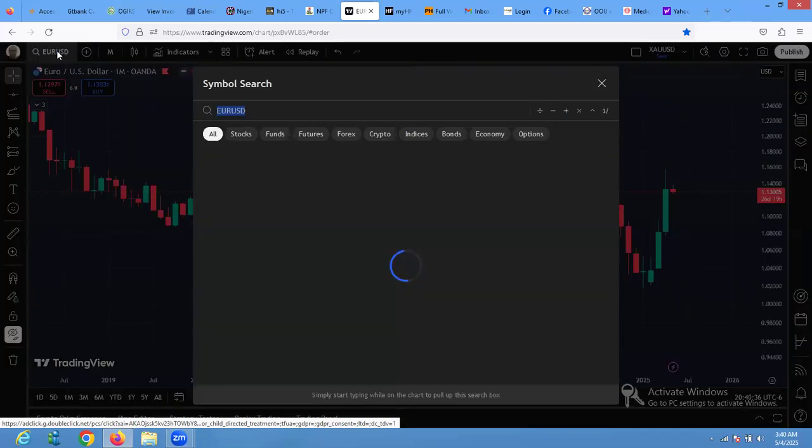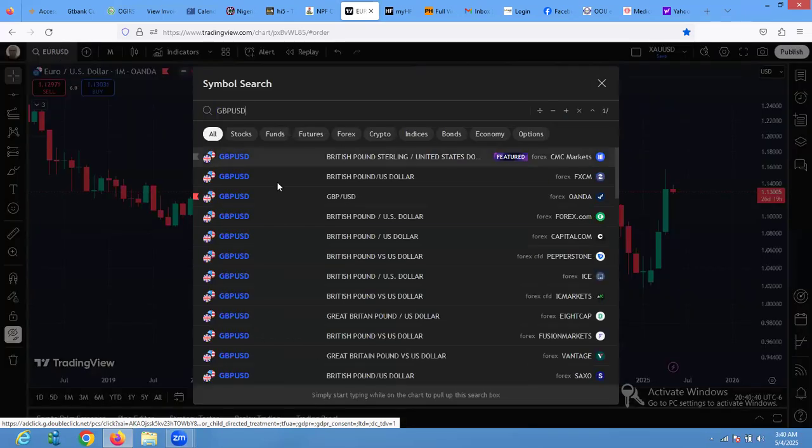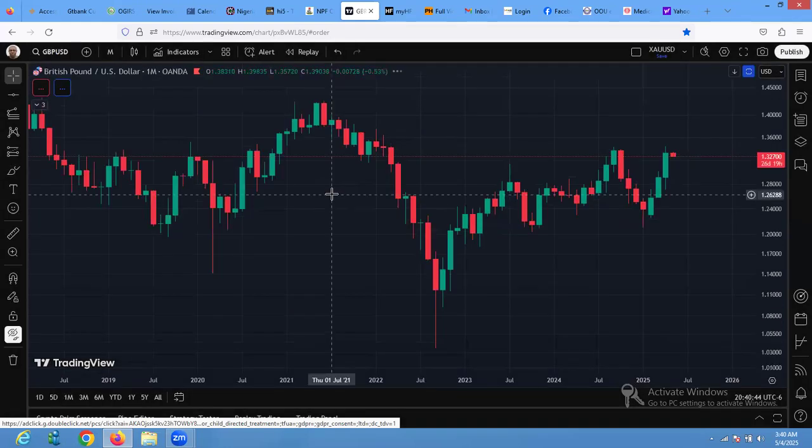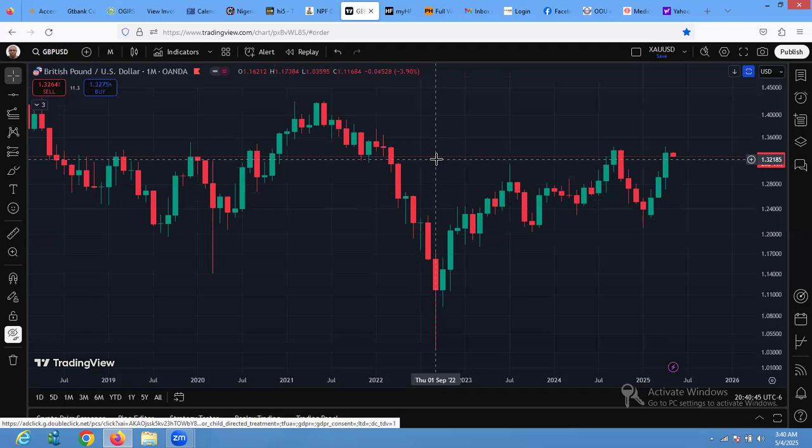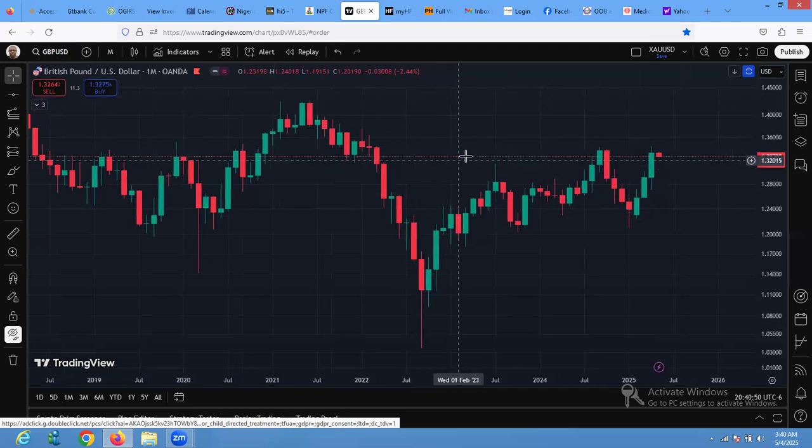Pound USD, what do you expect? On Pound USD, we want to look for support. I think the only support I can see here for now, look at this bullish candle. Where this one opens, it's an area you can look for, because where this one opens and where this one closes also coincide with this area.